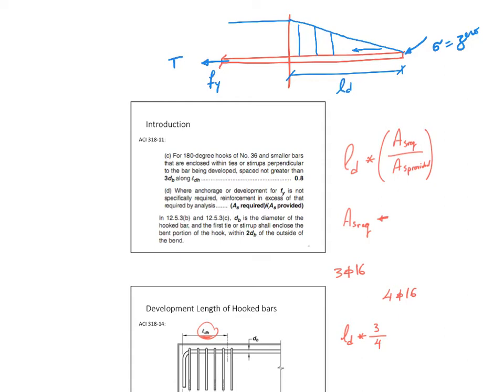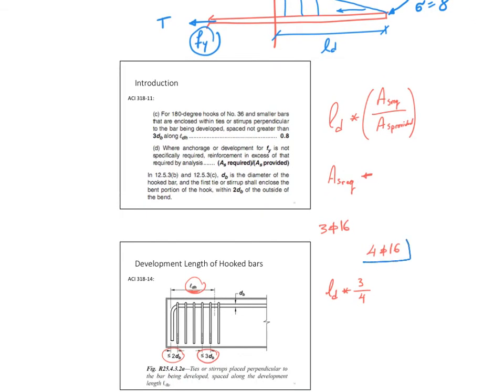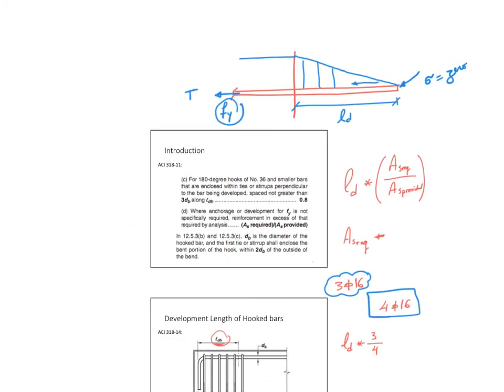What if I'm not going to get F yield? How do you know you're not getting the full? Because I already provided much more reinforcement than what I needed. Then in this case, I will never reach F yield. Then all I need is maybe less than F yield.